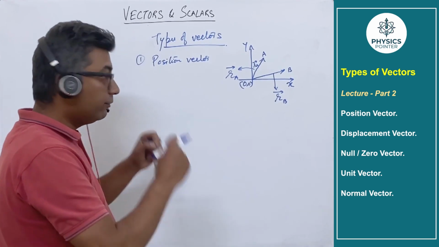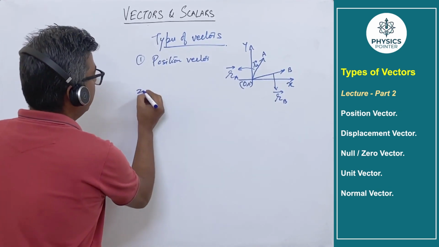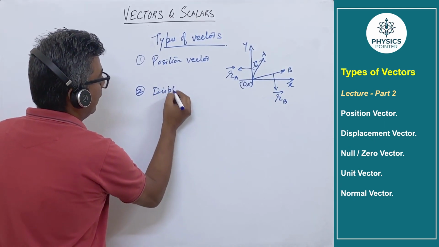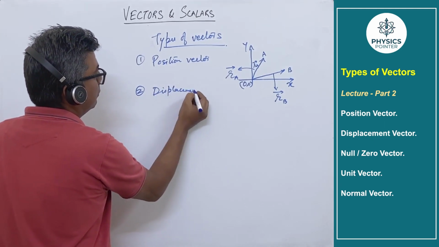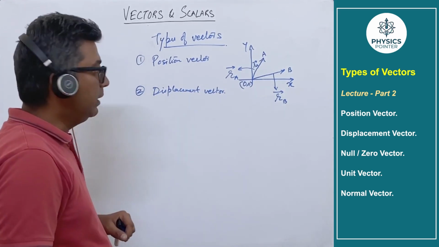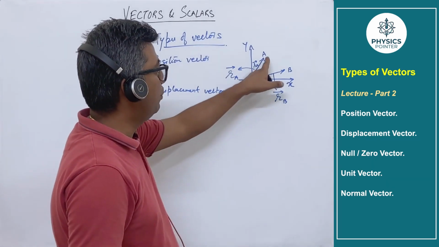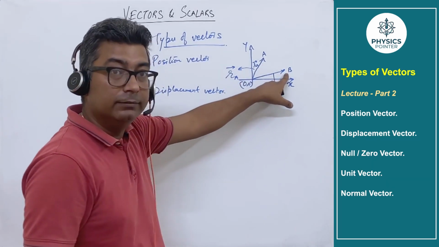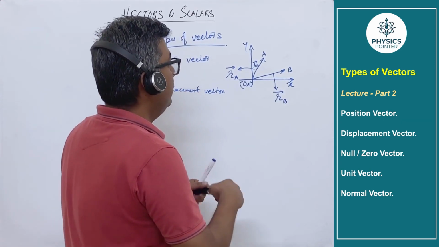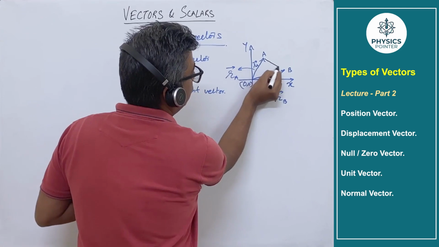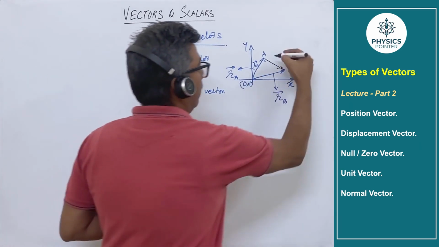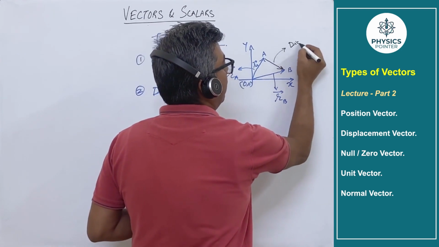Right from this position vector, the second thing that we can understand is the displacement vector. What is a displacement vector? Let's say a body from point A moves to point B. There will be a direction from this to this, and this is called the displacement vector.